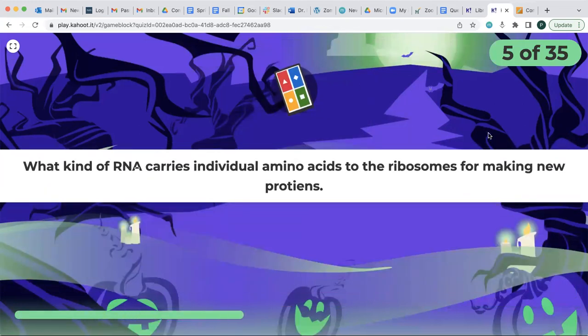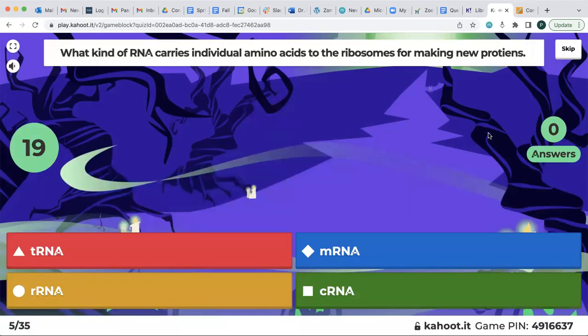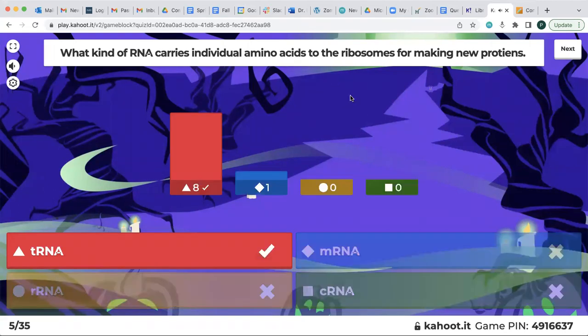What kind of RNA carries individual amino acids to the ribosomes for making new proteins? Important to know your different types of RNA. Very good job.